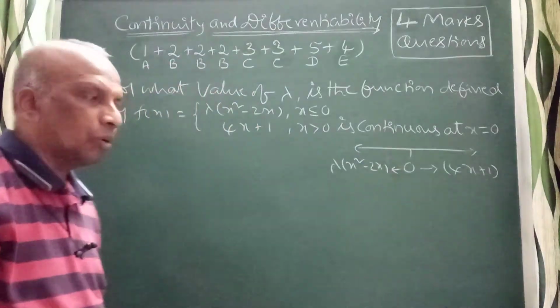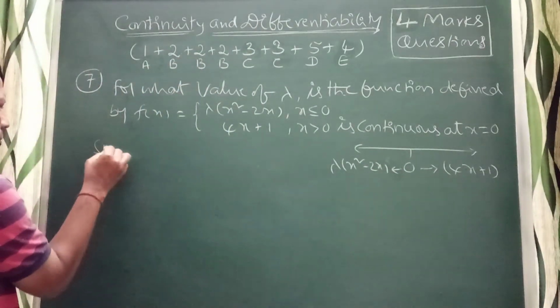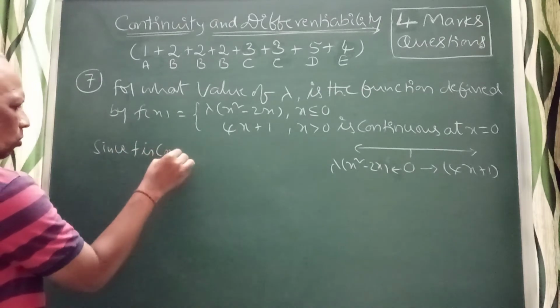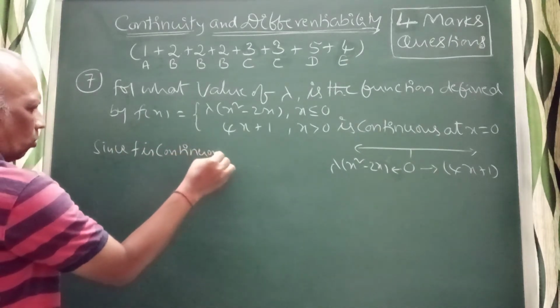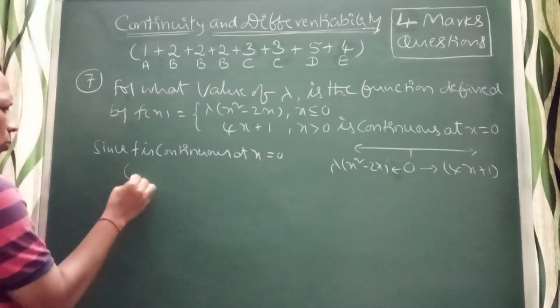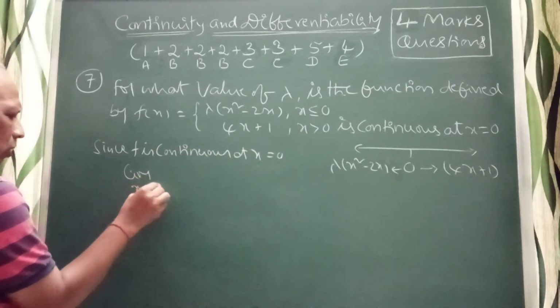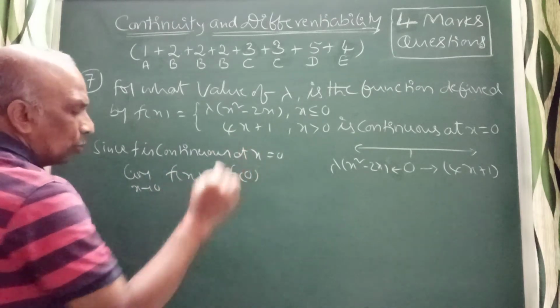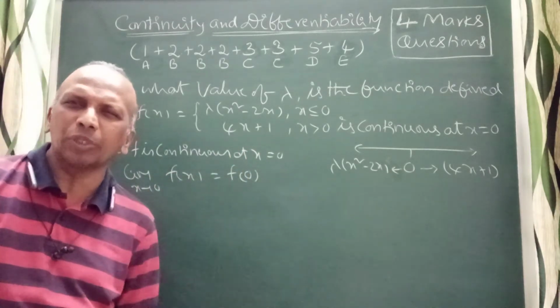Left of 0. Now, since f is continuous at x equal to 0, limit x tends to 0 of f of x equals f of 0, because they are talking about continuity at x equal to 0.